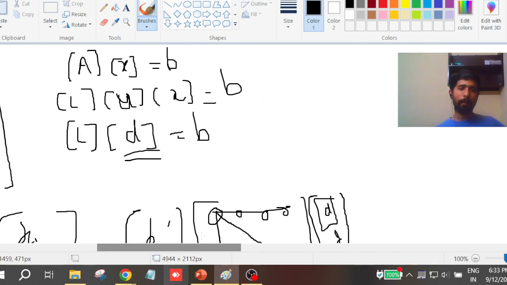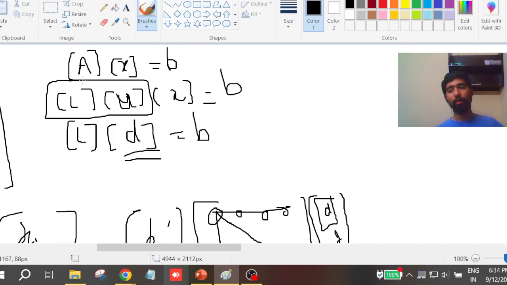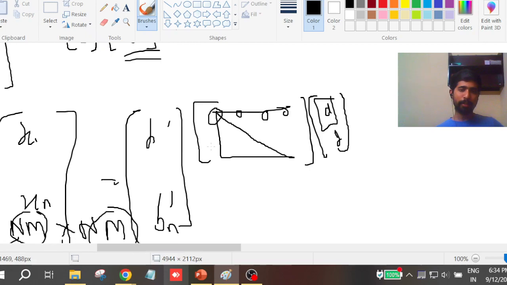But the challenging thing is to find L and U. When the matrix size becomes very high, finding the values of L and U is very costly. These other operations are very easy.